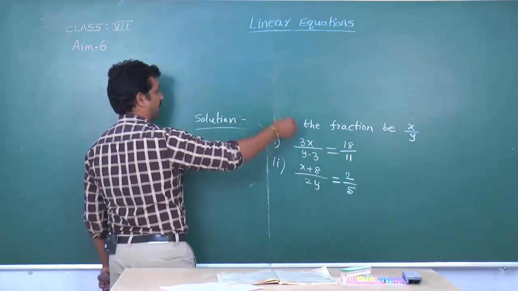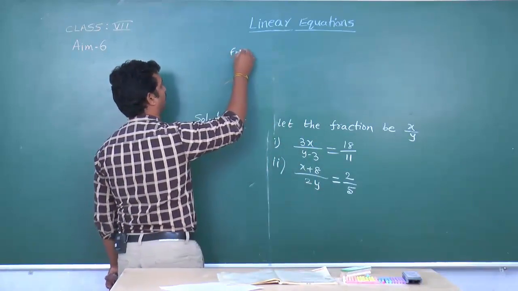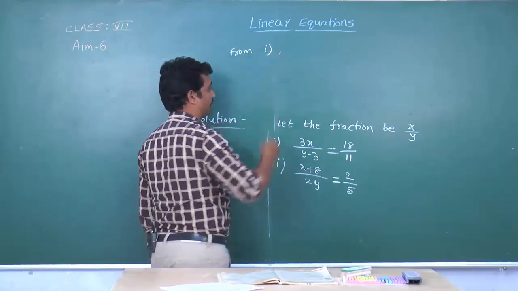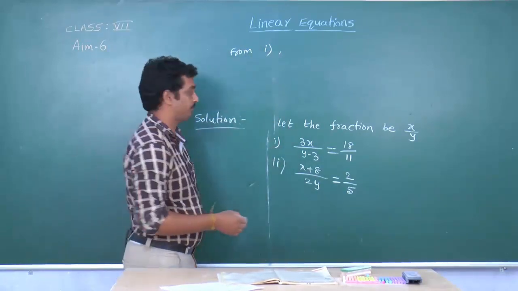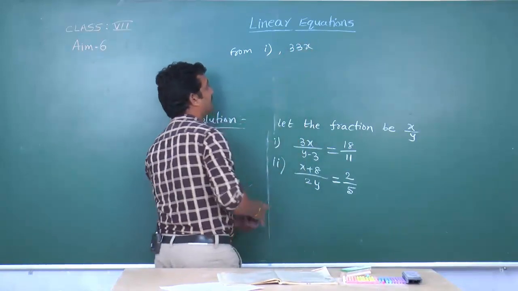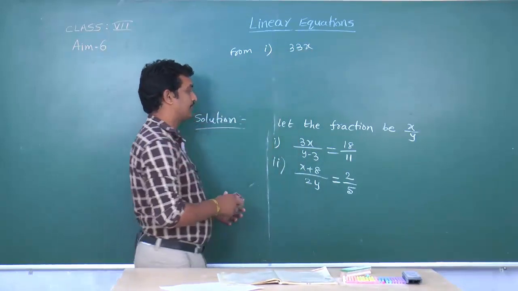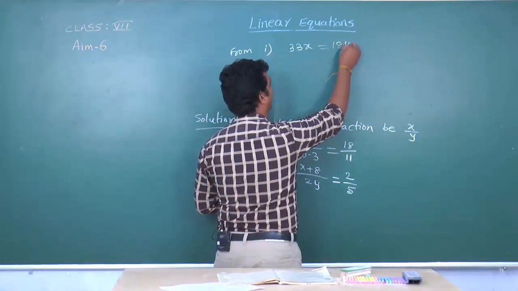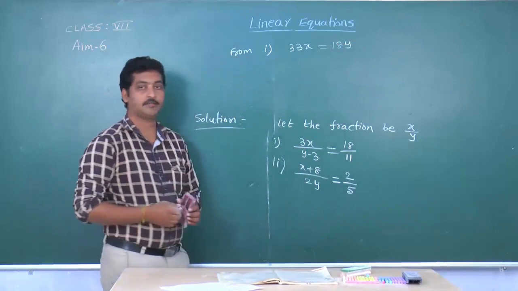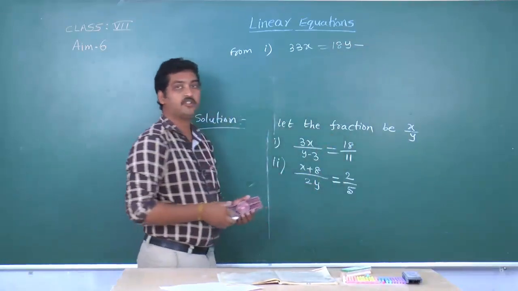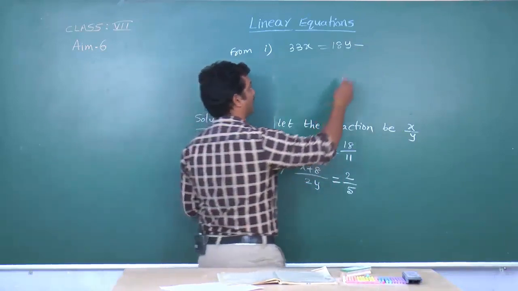Cross multiplication from 1. Cross multiplication. 33x is equal to 18y minus 18 into 3, 54.